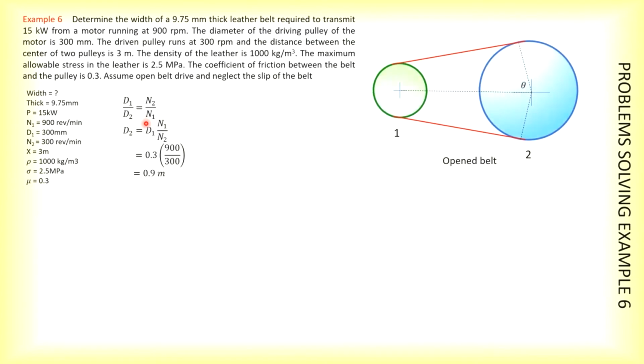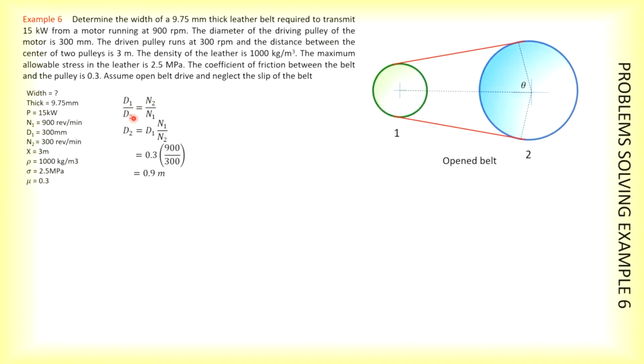The question doesn't give us the larger pulley, right? So we can use the speed ratio, diameter to speed. Remember, they are inverse. If you write d1 over d2, you must write n2 over n1 here. If you write d2 over d1 on the left-hand side, then on the right-hand side you should have n1 over n2.